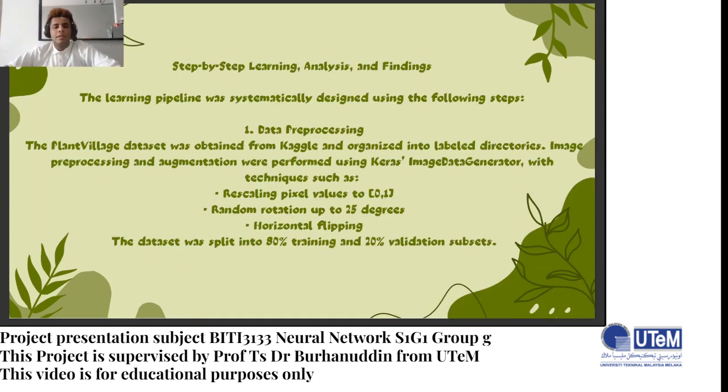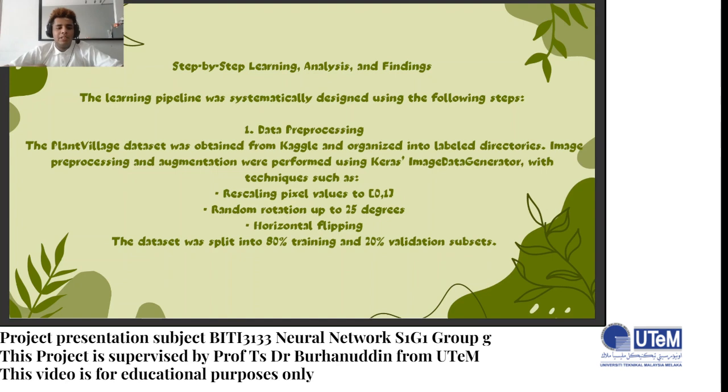Now let's go through the step-by-step learning analysis and findings. The learning pipeline was systematically designed using the following steps. Data processing. We got this dataset from Kaggle. It's called PlantVillage, which categorizes plant diseases with pictures to show said diseases. And then we organized it into labeled directories.